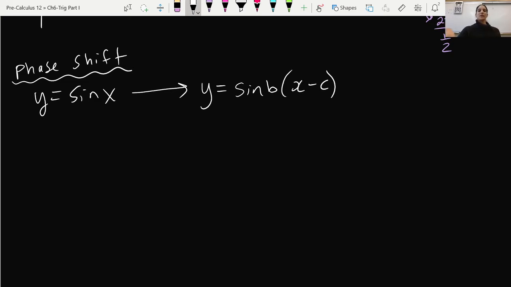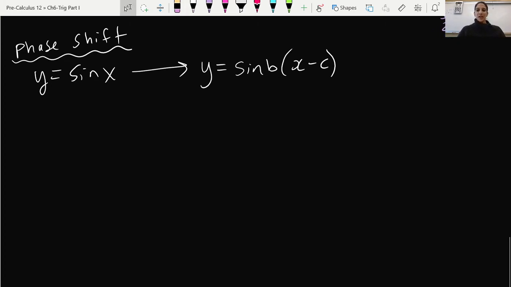So I am also throwing in a little bit of what I just taught you in the last example, which is a stretch affecting the x values, but then we also have this in brackets x minus c. I think already by looking at this, you're starting to see the resemblance with all the different functions that we practiced transformations with. It just so happens that now we're applying our transformations to trig functions, but it's still the same thing that's happening, still the same rules that we're applying.